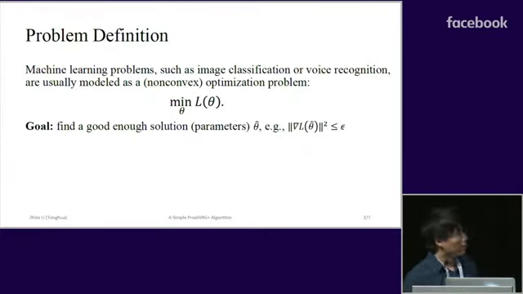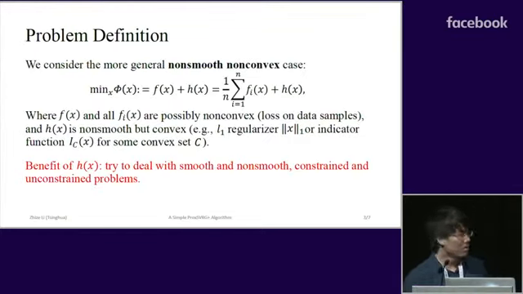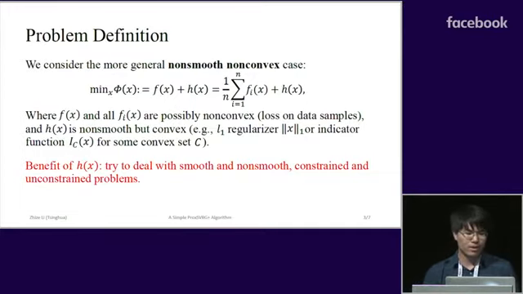Let's look at the problem definition. Machine learning problems are usually modeled as an optimization problem. The goal is to find a good enough solution, such as the gradient norm is less than a small epsilon. Here we consider the more general non-smooth case.